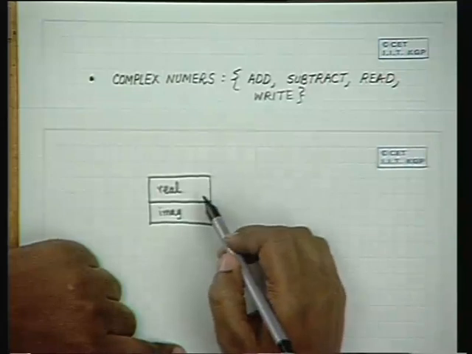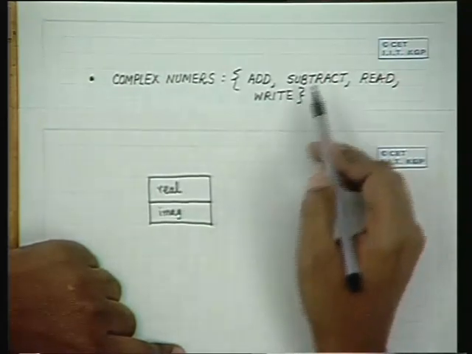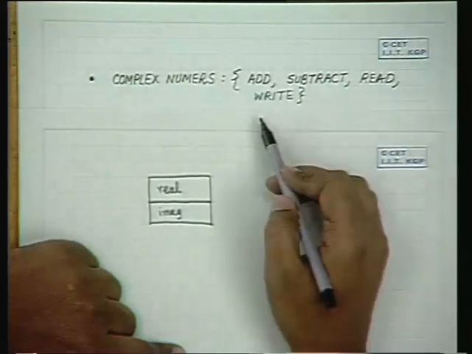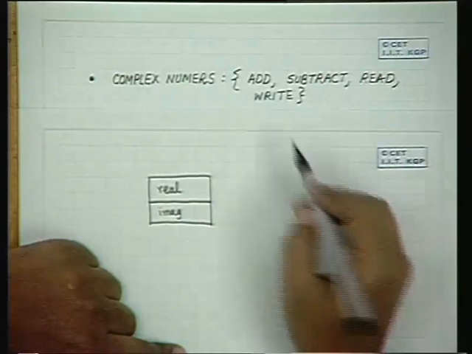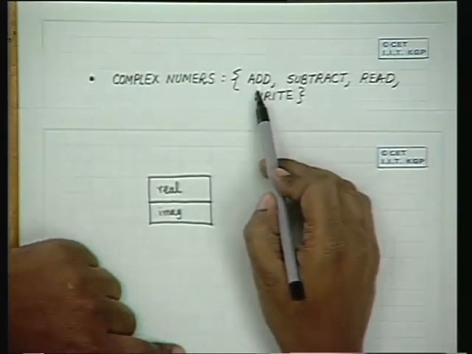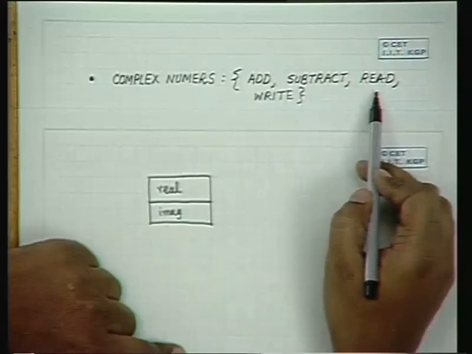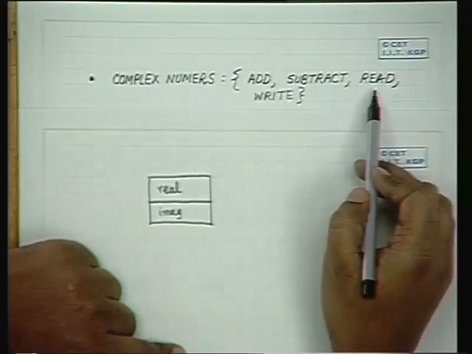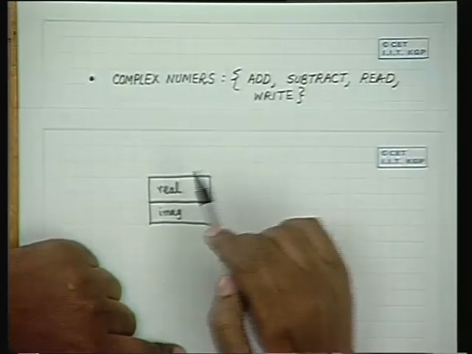I don't think so, because we had done just two addition operations for these two things, and for read and write. So the complexity of all of them is constant time. Add is done in constant time, subtraction can be done in constant time, read is done in constant time for a fixed size. Obviously if you ask to read complex numbers of length some 20,000, then you have to think of it in a different way.